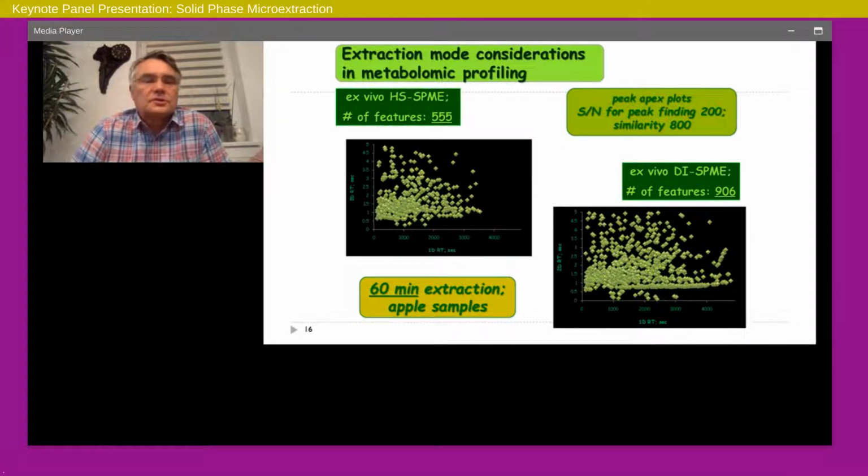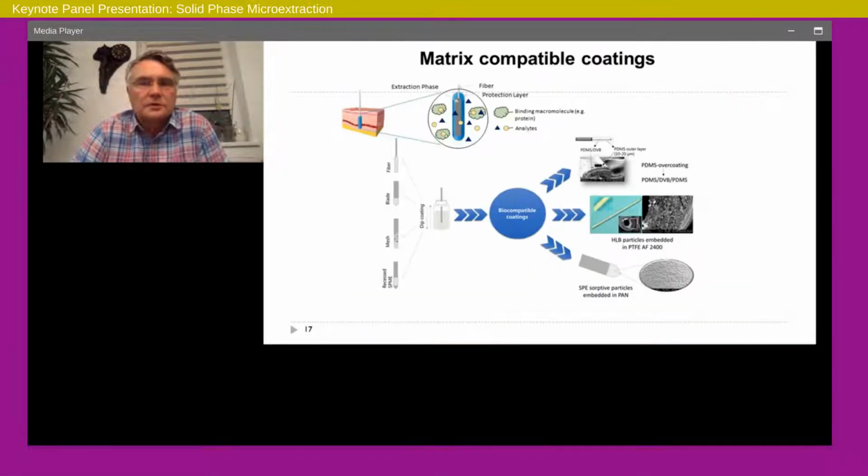Compared to the right trace, where you again have comprehensive two-dimensional gas chromatography, on the vertical axis you have boiling point, and on the horizontal axis you have polarity. You actually see many more compounds on the right side, especially high molecular weight and polar ones, because those have a low Henry constant and therefore they are not extracted very well by the headspace approach.